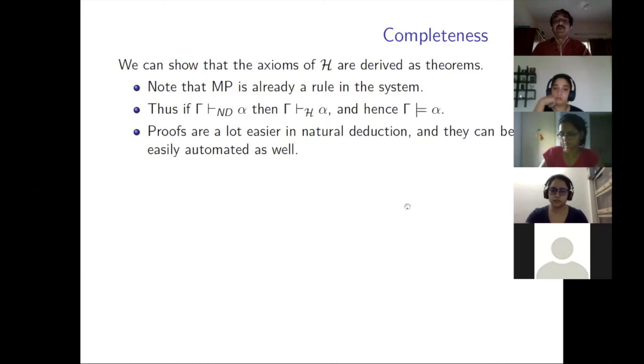Now, the main point is that proofs are a lot easier in natural deduction and they can be easily automated. For somebody who's interested in programming, for Boolean formulas, I would say it's a very good exercise to take up. Choose your favorite natural deduction system. Like I said, I've already discussed some examples. I've presented a system, but you can take variants as you like.